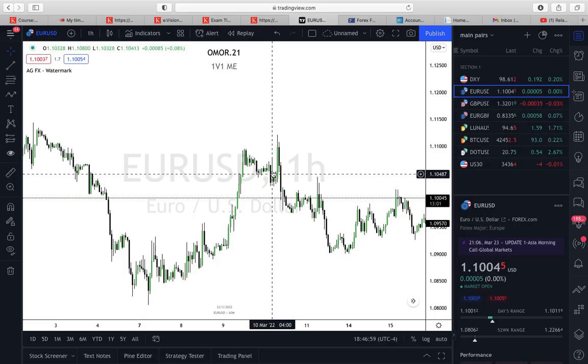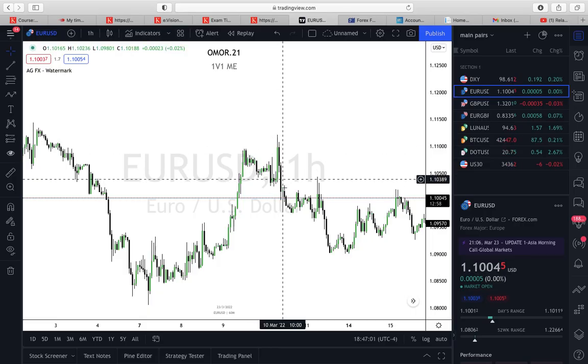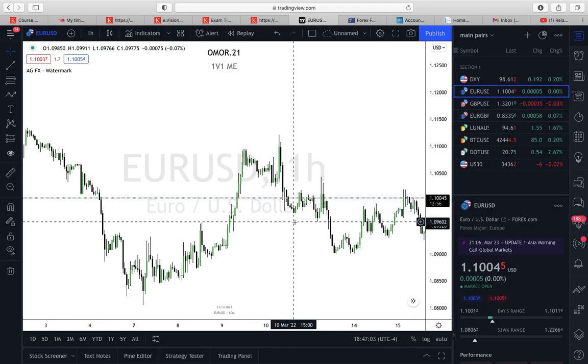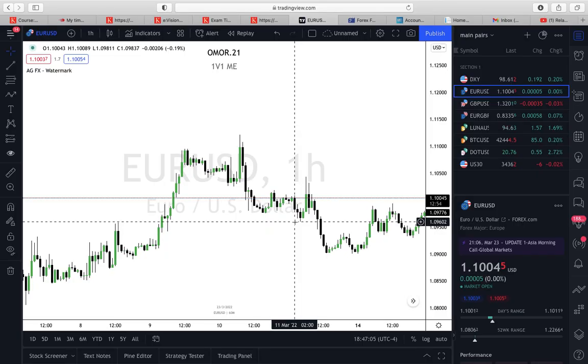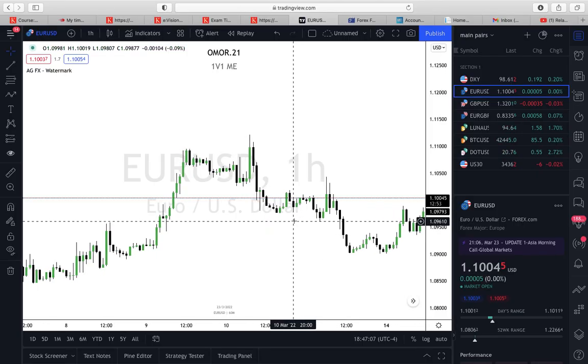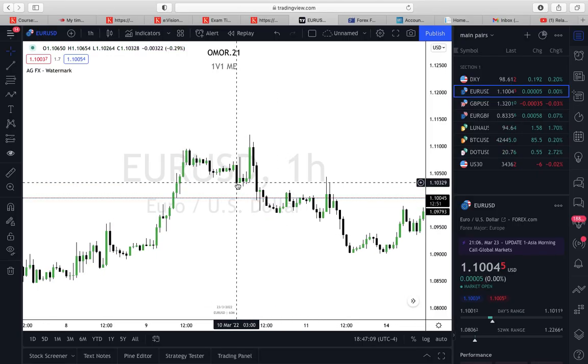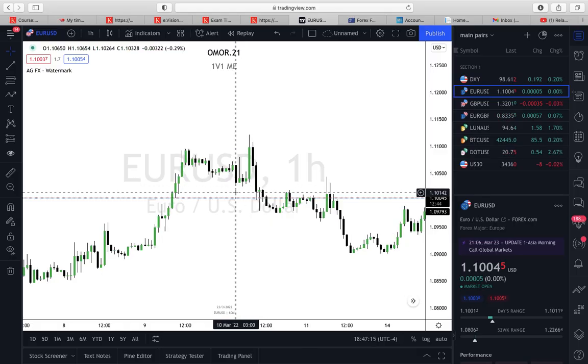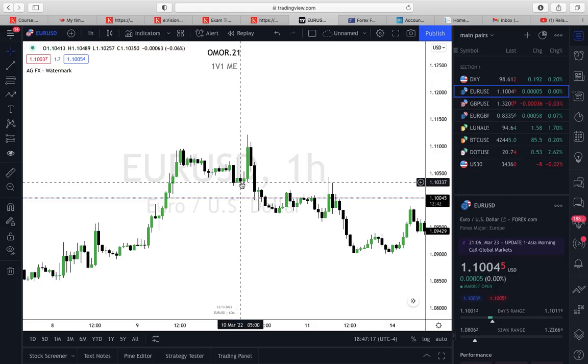High, low, higher high, lower low. The lowest down close candle in this high. Where is it? Is it this one that's lower or is it this one? You look for this one.